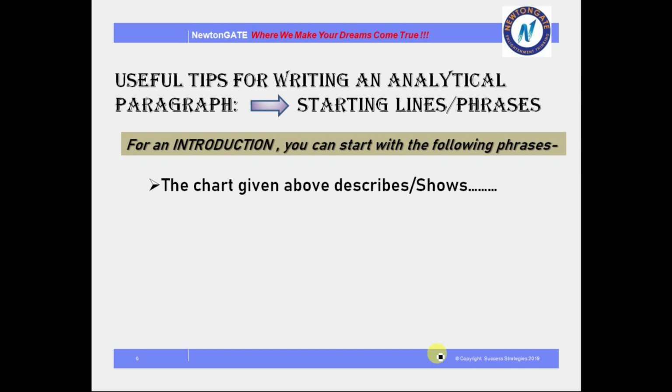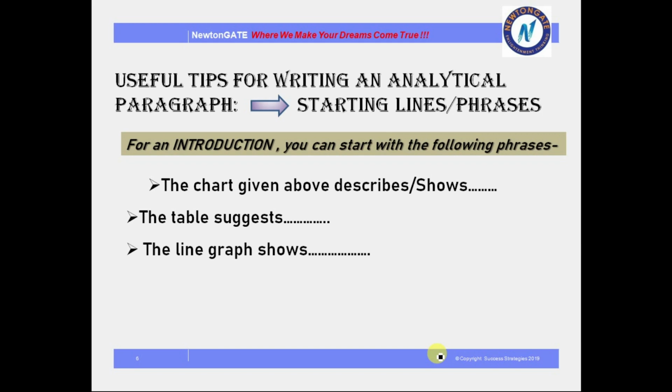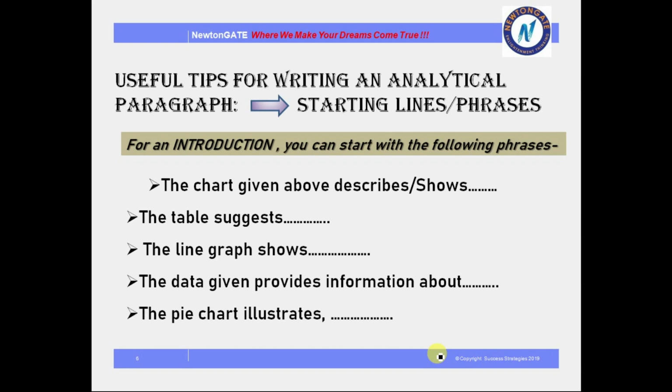Number 1, the chart given above describes, or you can write shows, or you can start with the table suggests. Next, you can start with the line graph shows. Next, the data given provides information about, the pie chart illustrates, etc. So these will be your starting phrases.